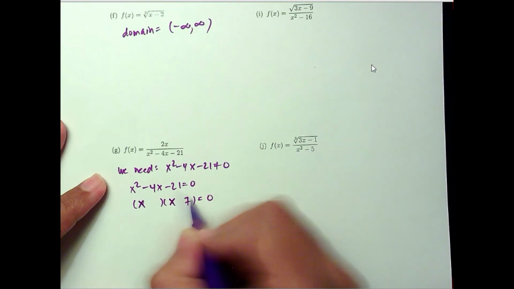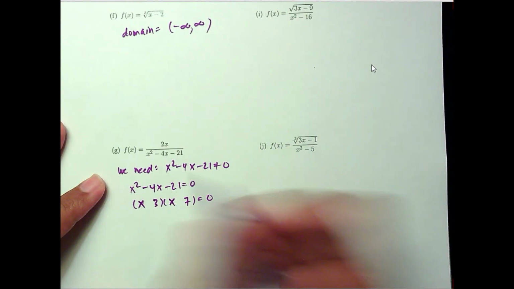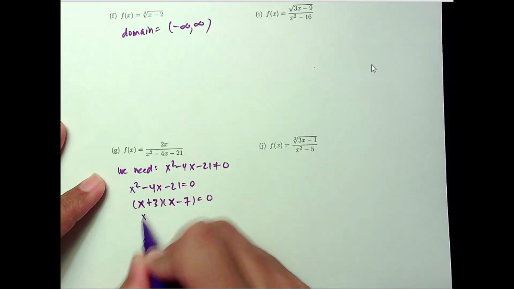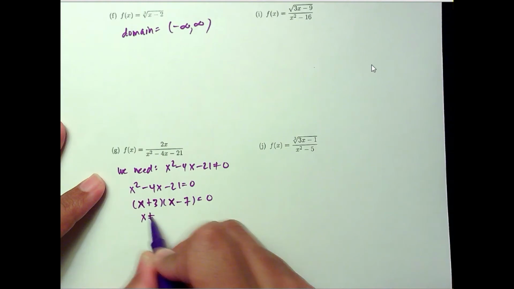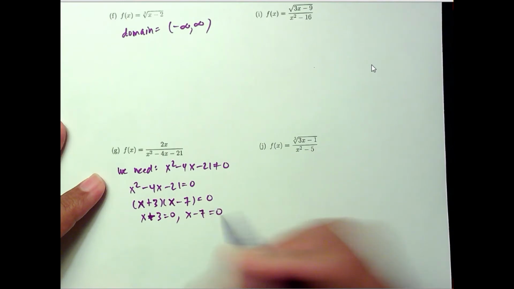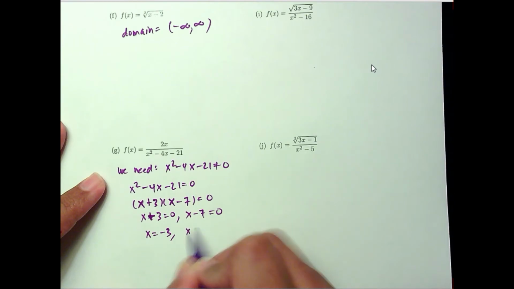The way this factors, you can use the quadratic formula or you could just factor it. The factors are x minus 7 and x plus 3. Once you factor, you set each of the factors equal to 0. So x equals negative 3 or x equals 7.